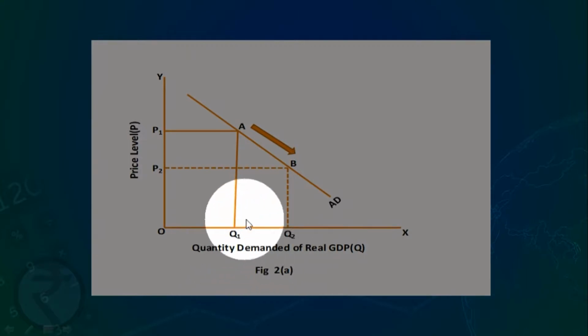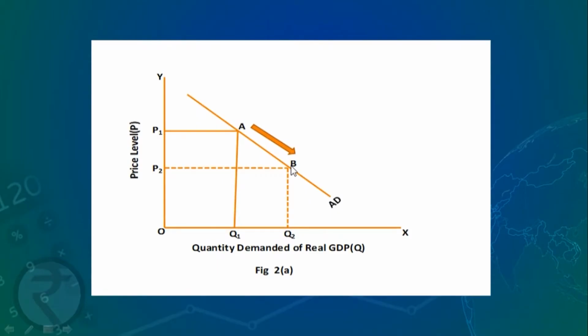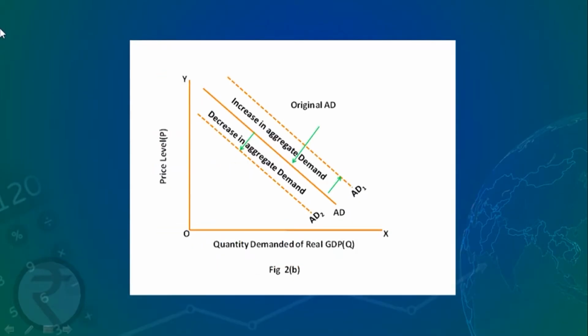So there is a movement on the demand curve from point A to point B. This movement is due to change in the price level, and this is known as change in quantity demanded of real GDP.